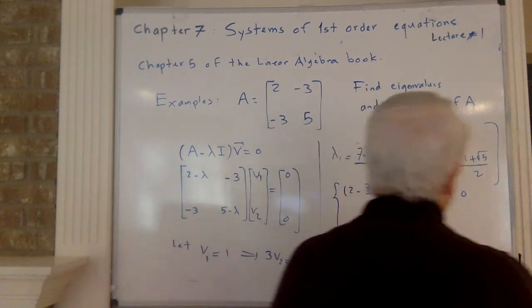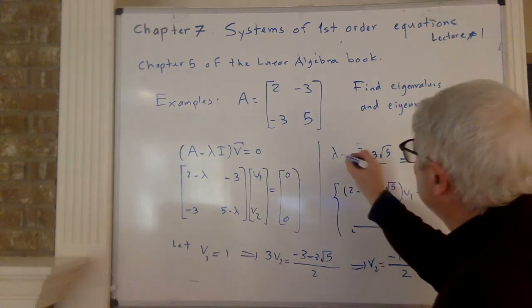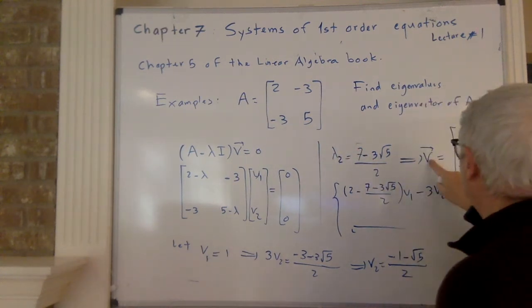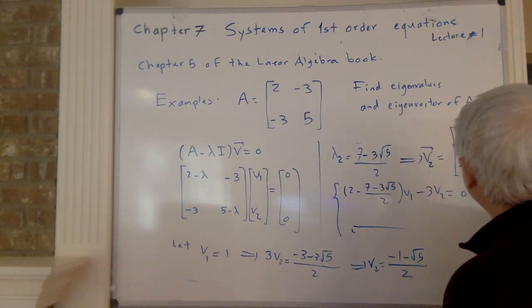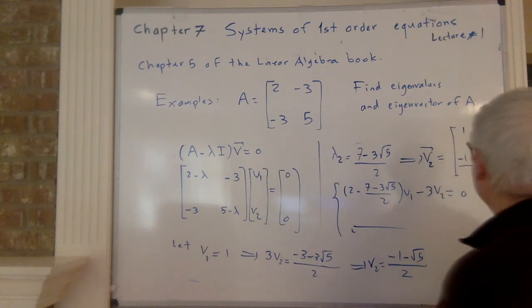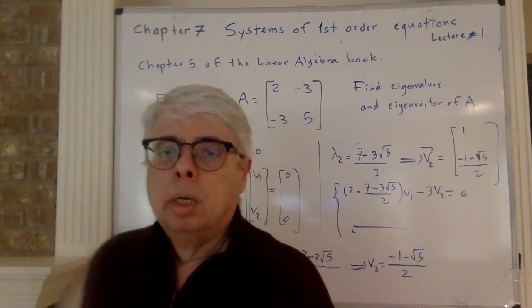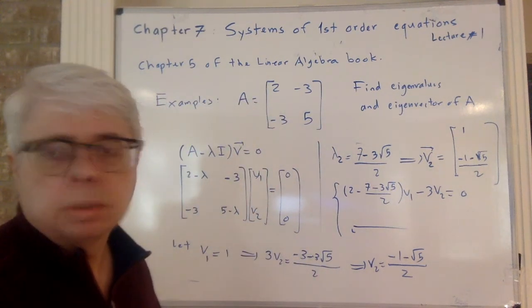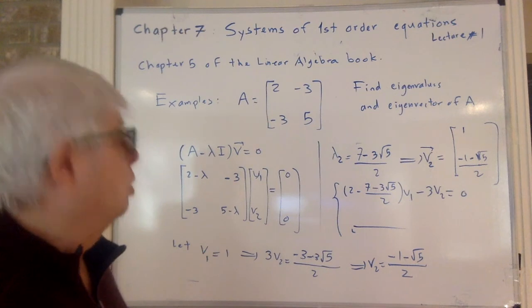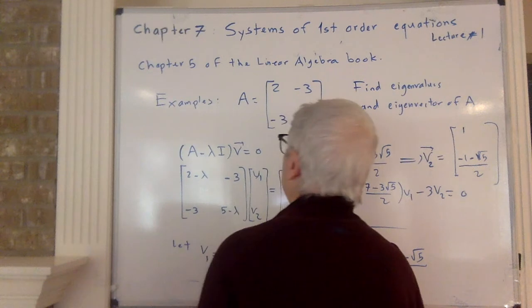So if this is lambda 2, the second one, and the v2 is this. And in fact, the only difference is that this is minus. Okay, so that is lambda 1 v1, lambda 2 v2. So the two eigenvalues and the two eigenvectors.